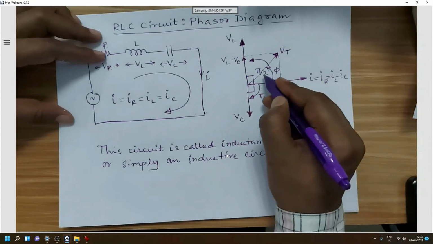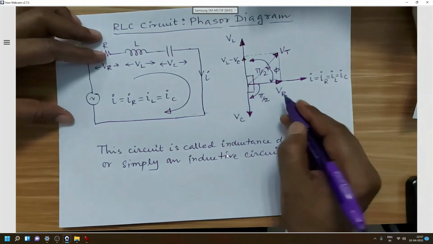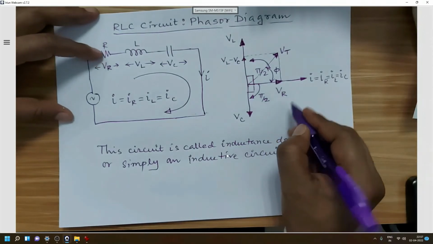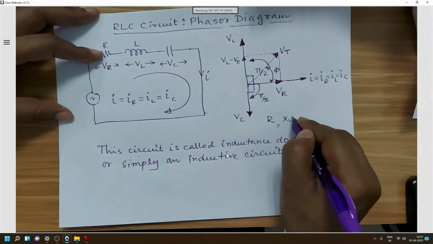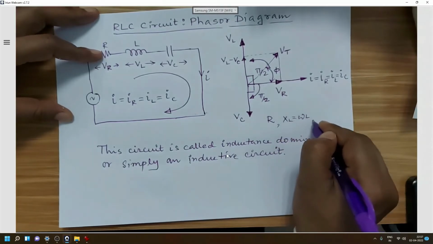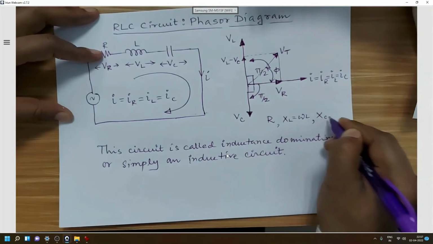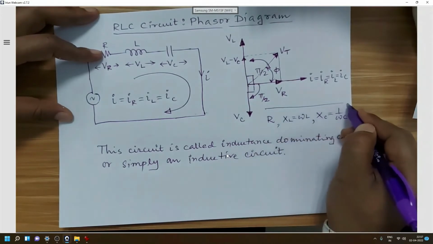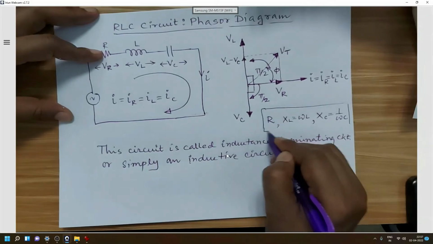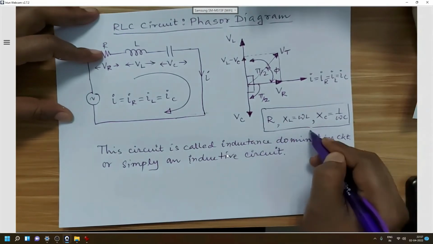So here the phase angle will be controlled by R, XL equal to omega L, and XC equal to 1 by omega C. So all these parameters will be controlling how much phase angle will be produced.